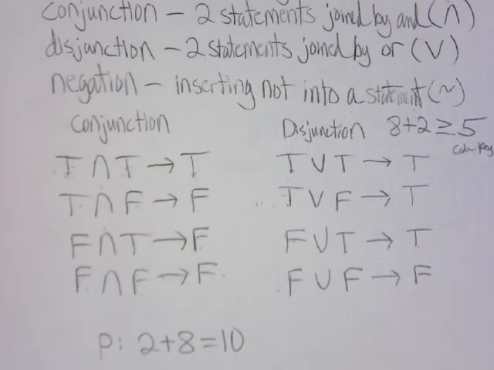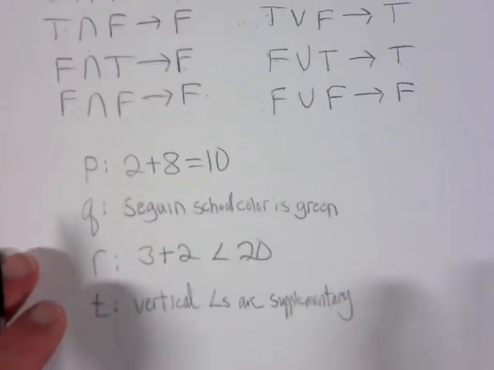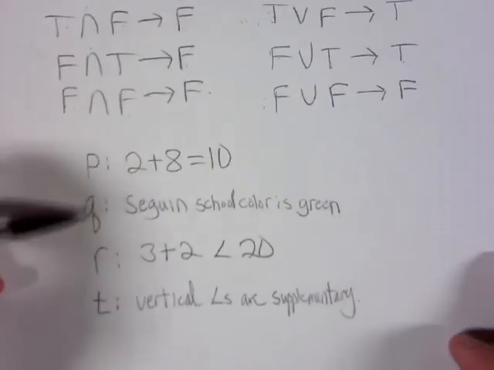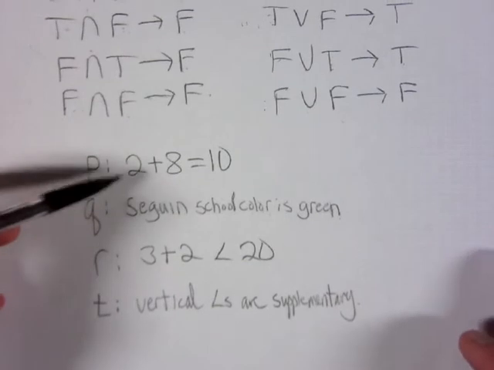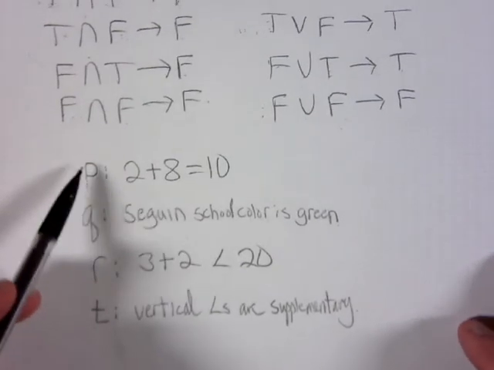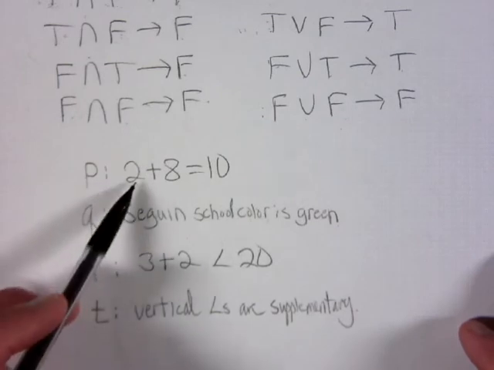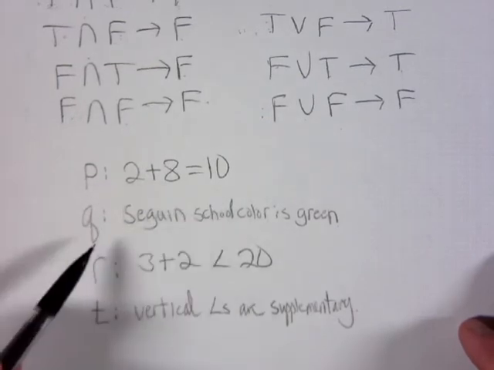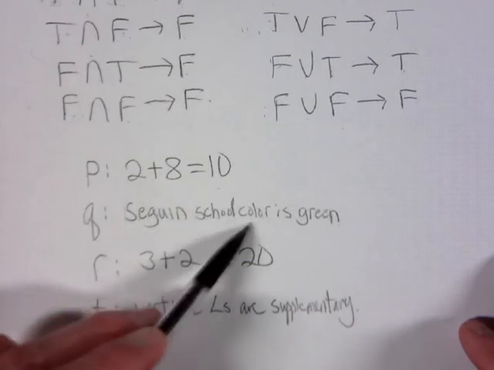All right? So now, logically speaking, to give you some examples, we take letters and assign letters to statements. So for the examples we're going to do on the next page, let's say that P stands for the statement 2 plus 8 equals 10. Let's say Q stands for Seguin school color is green.